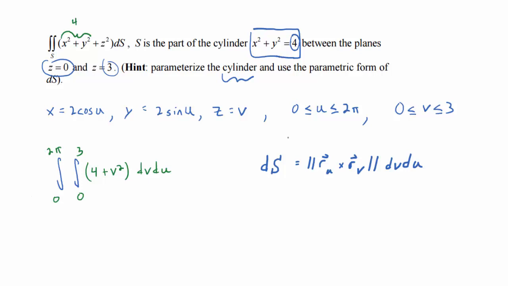I'm going to let you verify that the magnitude of r_u cross r_v is equal to 2. As long as we put in a factor of 2 in here, we're going to be good to go. And there's your setup.